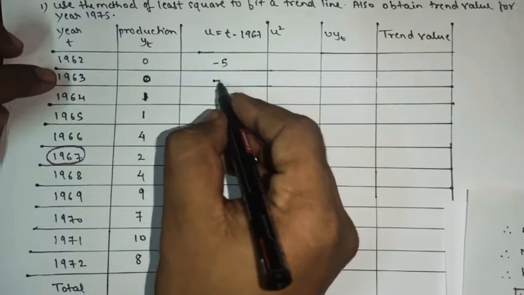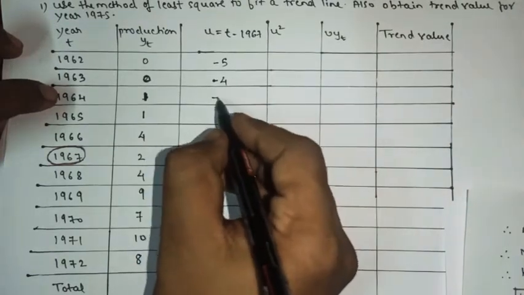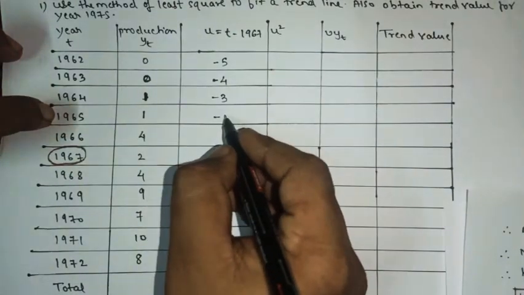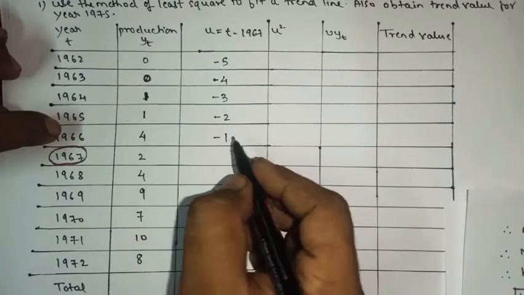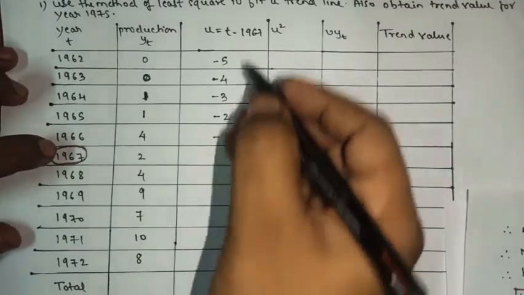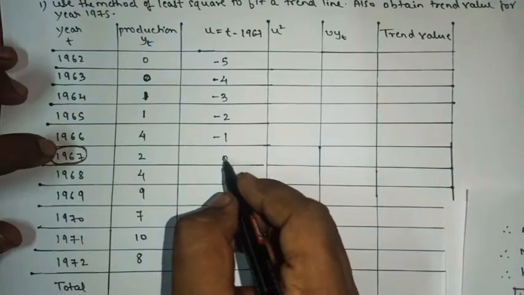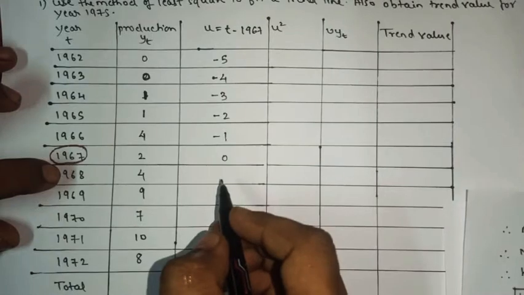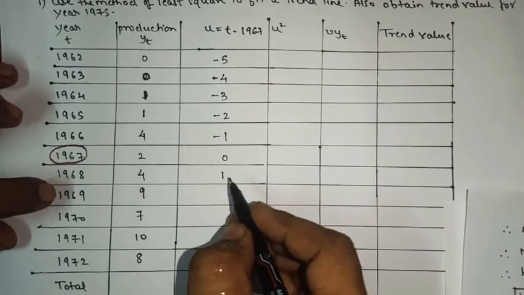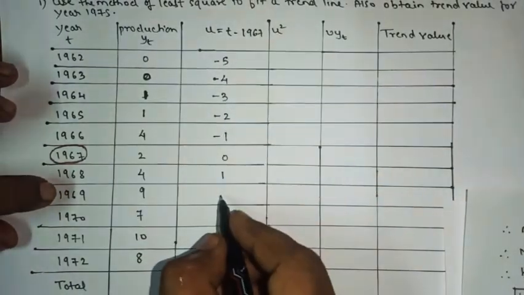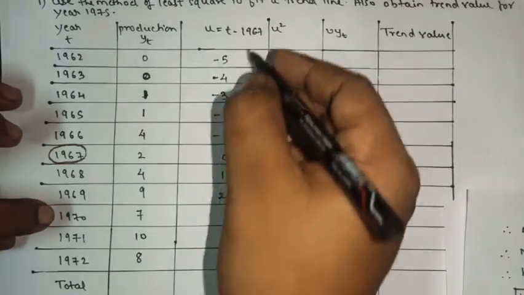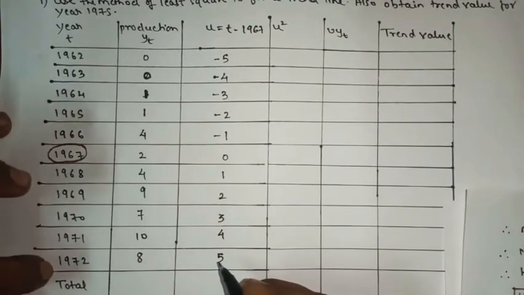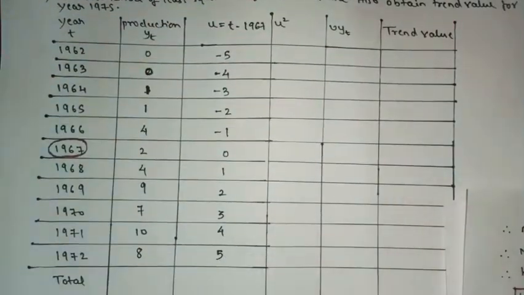Second, minus 4. Third, minus 3. Then 1965 gives minus 2, 1966 gives minus 1. When you subtract 1967 from itself, you will get 0. 1968 minus 1967 is 1. 1969 minus 1967 is 2. Then 3, 4, and the last one is 1972 minus 1967, which is 5.